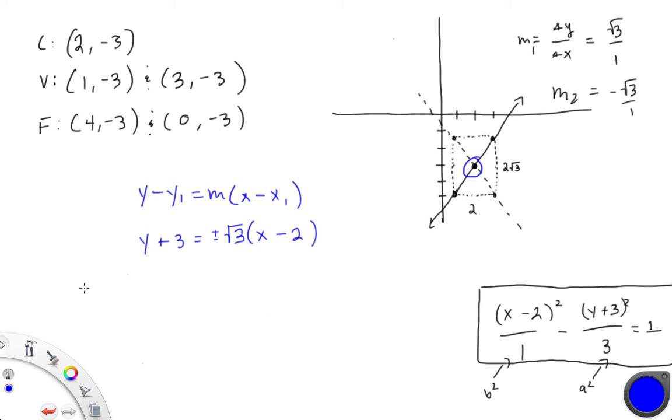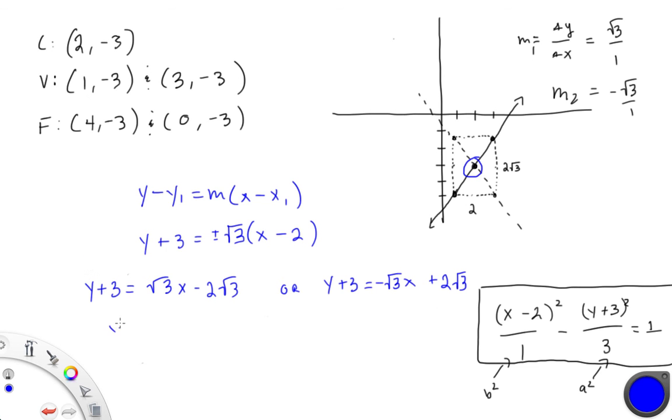So this is really two equations. We get y plus 3 equals root 3 x minus 2 root 3, or y plus 3 equals negative root 3 x plus 2 root 3.